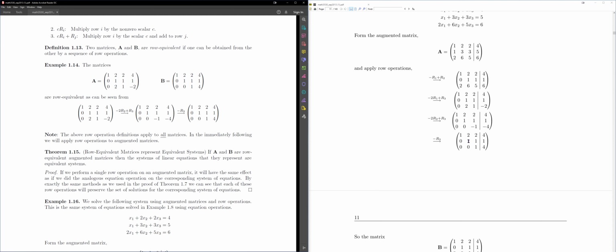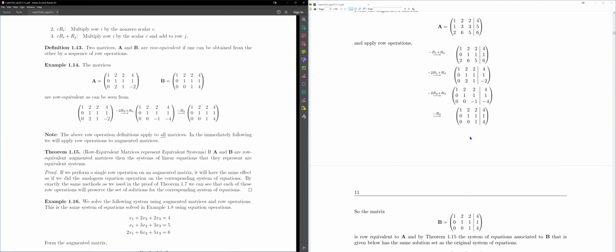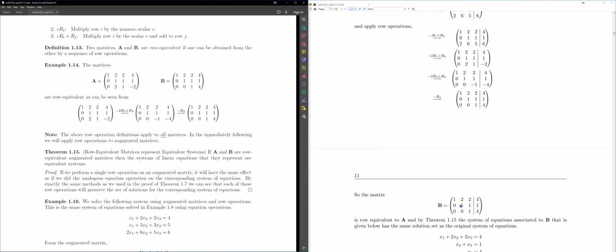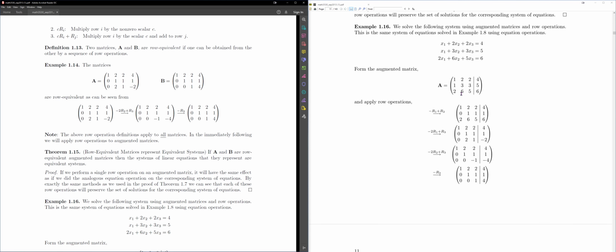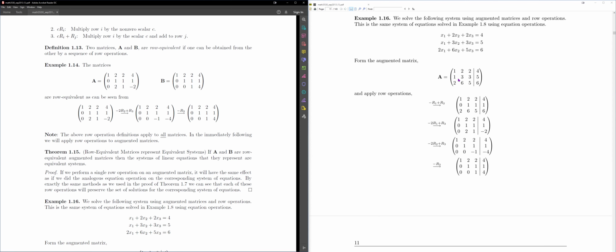Why is it row equivalent? Because you can go from here to here by a sequence of row operations. So this matrix and this matrix are row equivalent, and this one represents this linear system.